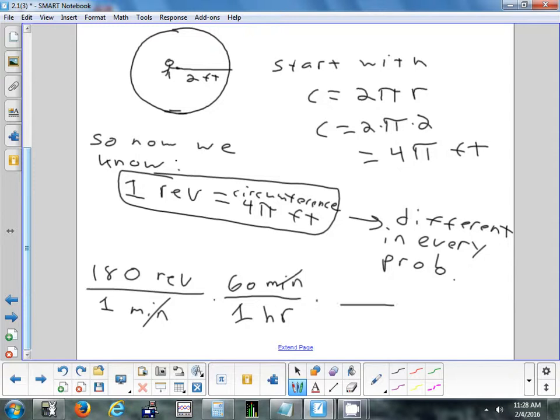Now we're making the jump from something spinning to something traveling straight. This is the first time we've done that. Where do I want revolutions? Top or bottom? Bottom. And in one revolution, how many feet are there? 4 pi, that comes from the circumference.